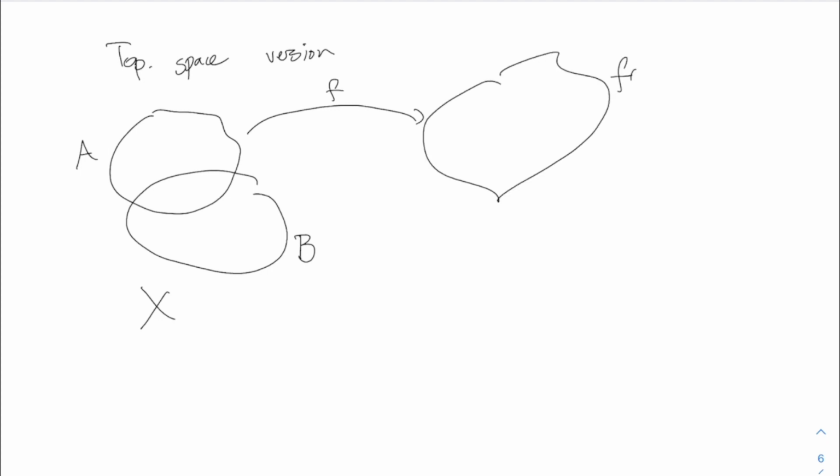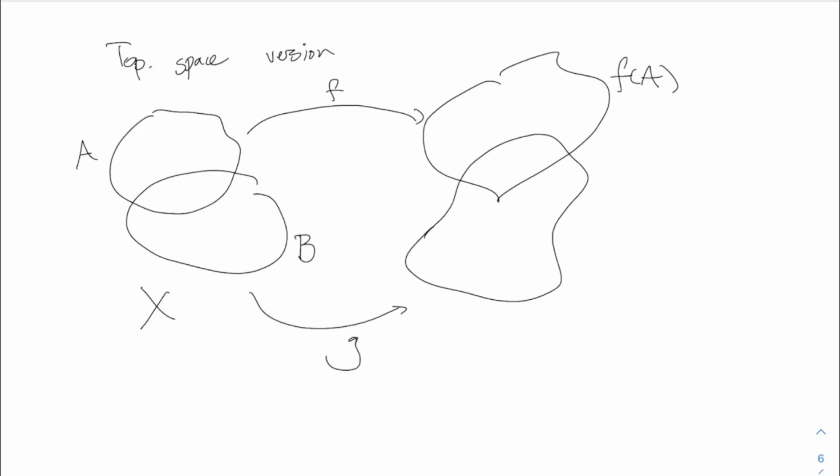This is F of A. And then G carries B somewhere else into some other set. This is G of B. And the theorem will say if F and G actually agree in the overlapping part, if the values are all matching in the overlapping part, then you can create one big function over here, and it will still be continuous.